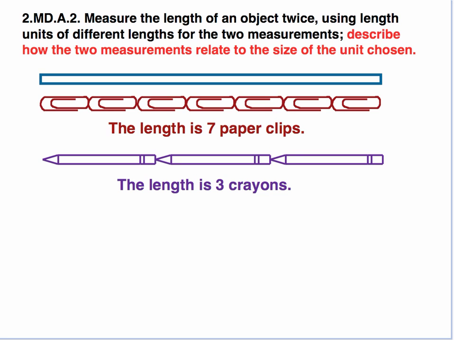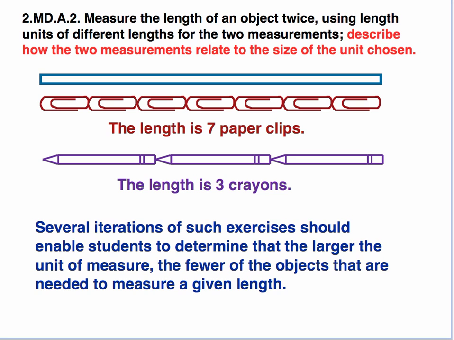Now we need to pay attention to the second part of the standard, where students have to talk about how the two measurements relate to the size of the unit chosen. Notice that the crayons were bigger units, and the paper clips were smaller. We only used 3 crayons, but we had to use 7 paper clips.